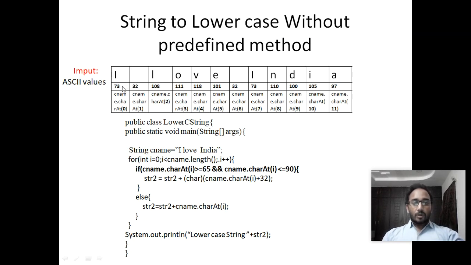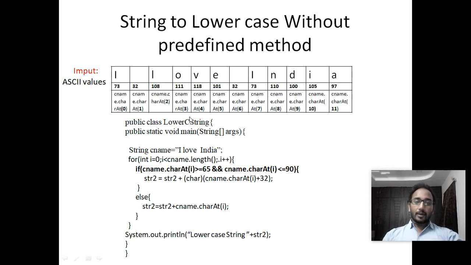With that, I'm going to check whether the particular character's ASCII value lies between 65 and 90. Then immediately I'll add 32 to that, so I can convert from an uppercase character to lowercase.